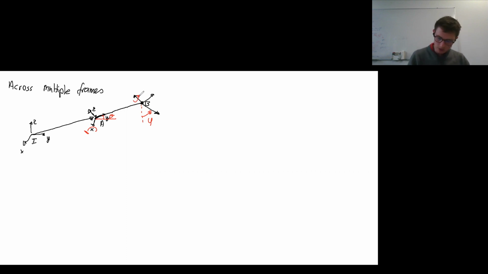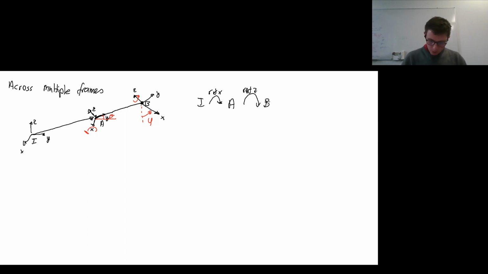So you can maybe more easily see what I'm drawing here. And what this results in is a rotation around X to get to frame A, and then a rotation in Z to get to frame B.